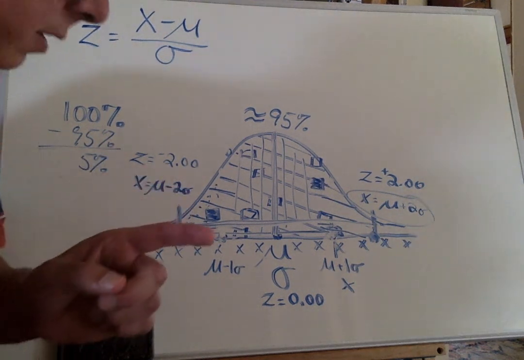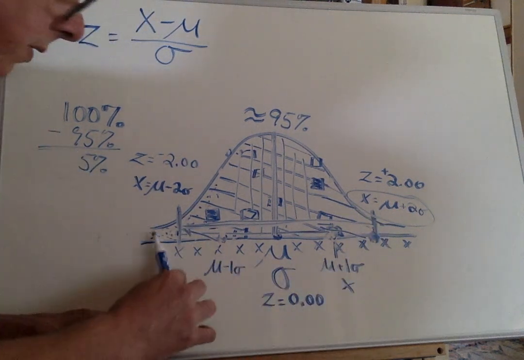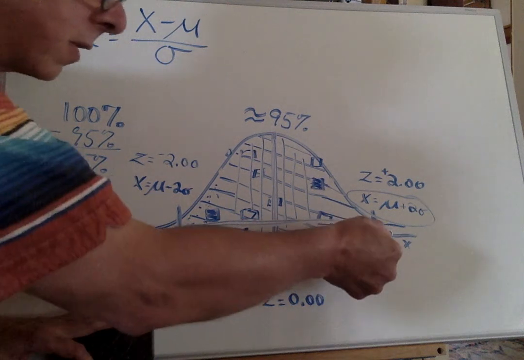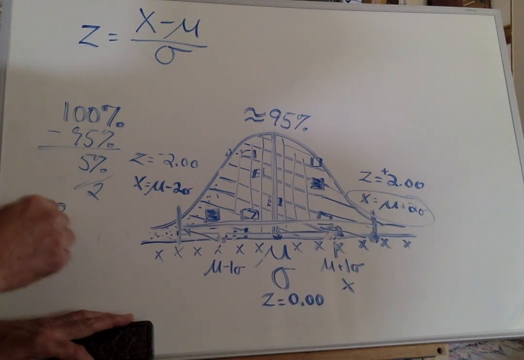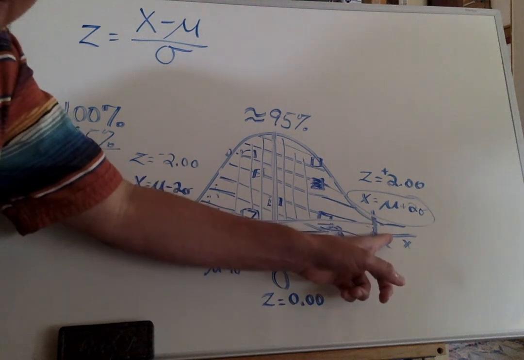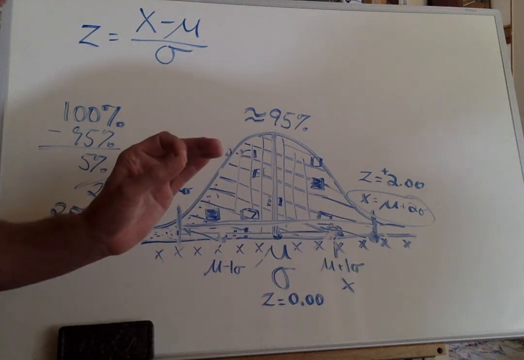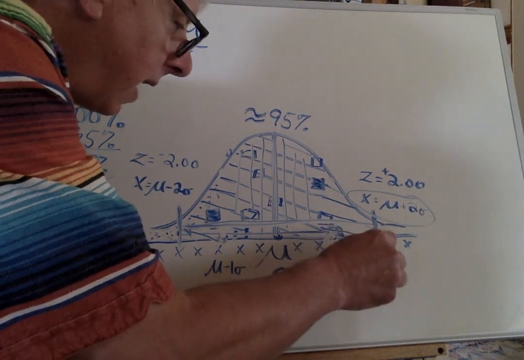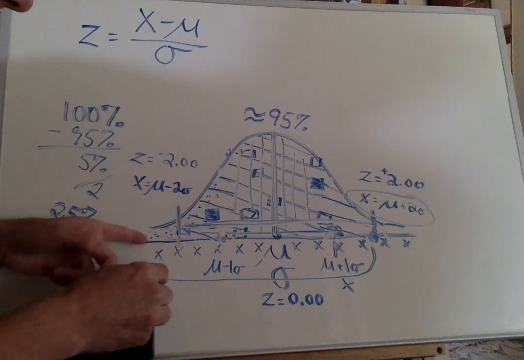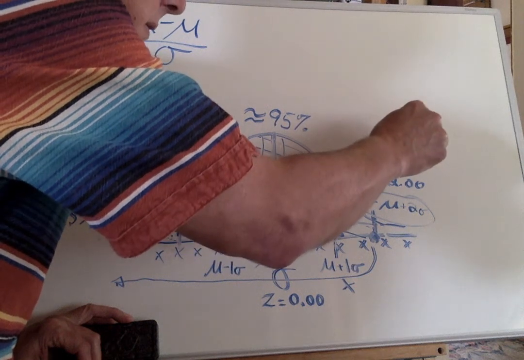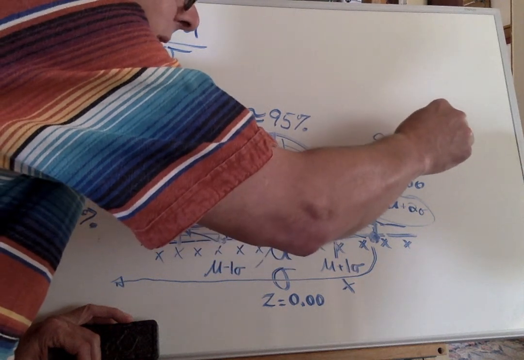But remember, the 5% has to be split up into 2 tails, so we need to divide by 2. So 2.5% in this tail, 2.5% in this tail. So if we have a z-score of 2, our percentile rank for that z-score is 95% plus 2.5%. So this would put the person at the 97.5th percentile.